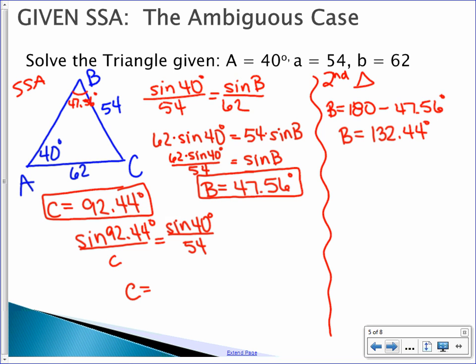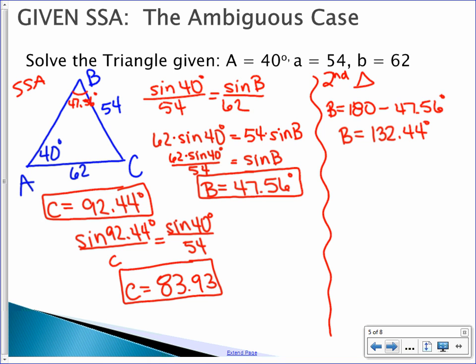Yeah. That is perfect. I want every single one of you to be doing this in your calculator so you know how to work your calculator. So please be doing this along with us. Make sure you're getting the answers that we are. Okay, so here's our first triangle.